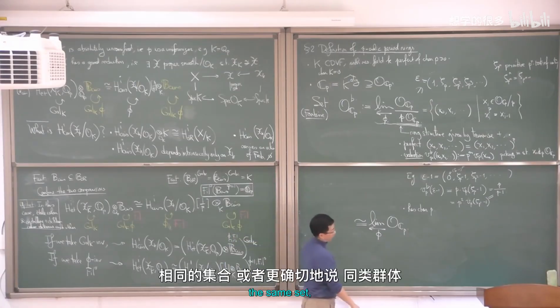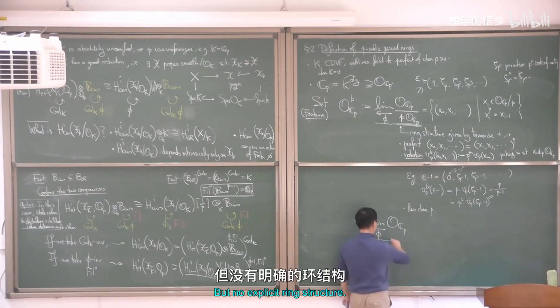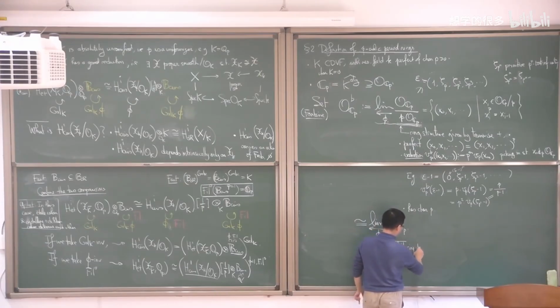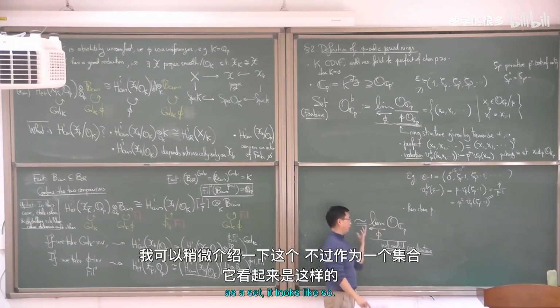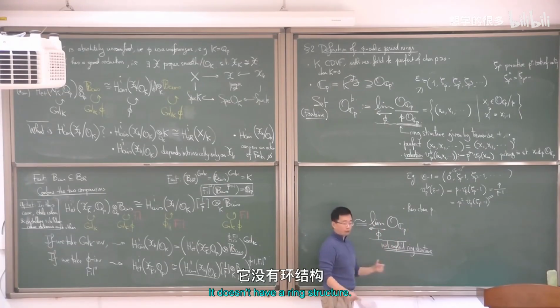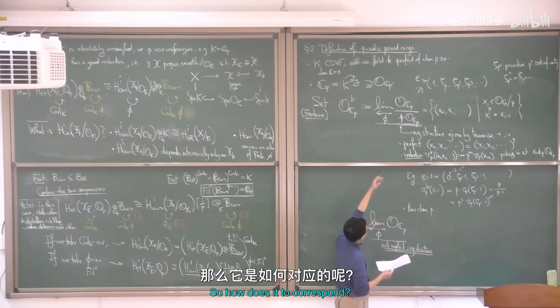That will give me the same set, or rather the same abelian group, but with no explicit ring structure. Okay? So I can take the inverse limit of this, but then just as a set, it looks like so. It doesn't have a ring structure in it. So how do these two correspond?